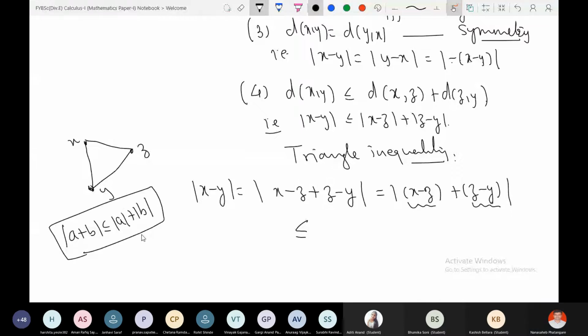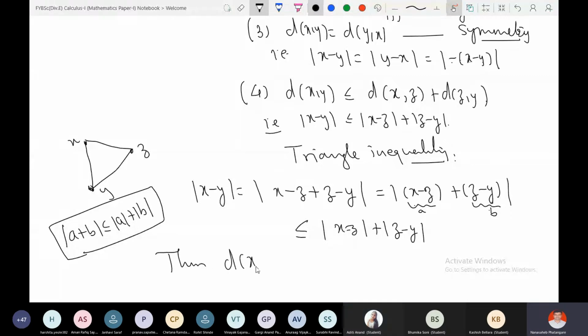Right. Now here this is A and this is B, and this is the absolute value of the sum. So what is it then? The absolute value of x minus z plus the absolute value of z minus y. Right. And thus what is the conclusion?